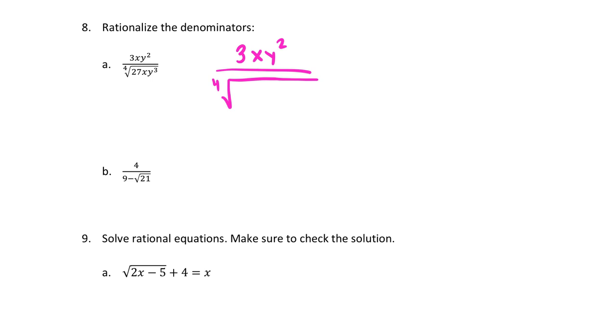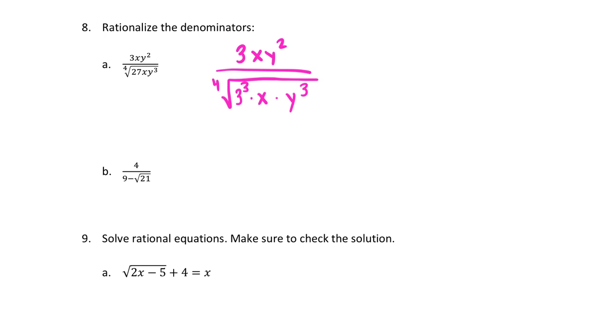So for example, 27, I can rewrite as 3 to the 3rd. And what that allows me to do is take the number down super small so I don't have to reduce really obnoxiously in the end.